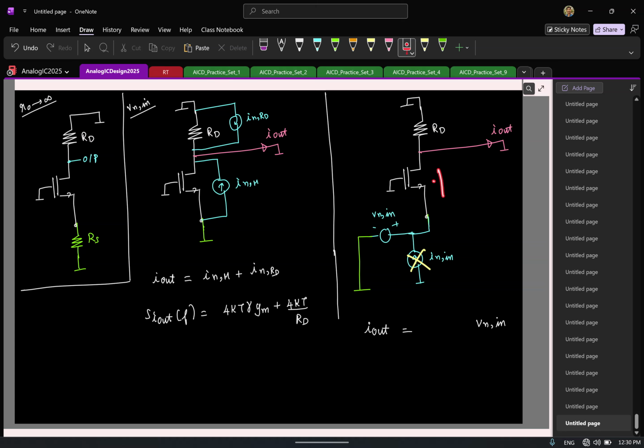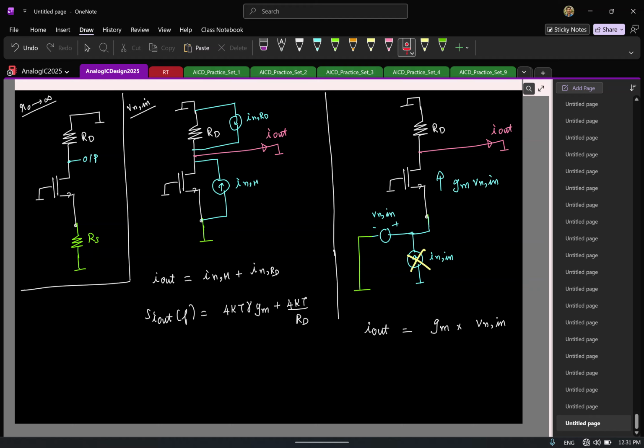So the current flowing up is plus GM Vn. So this is basically GM times Vn in. That's fine, because R0 is not there. You don't have to break your head. Is this clear?